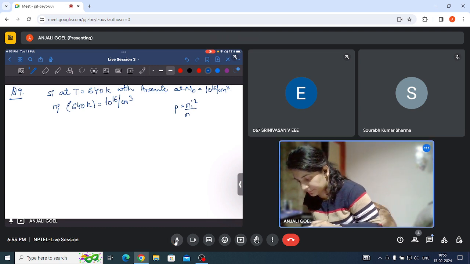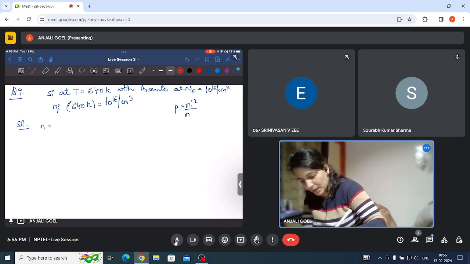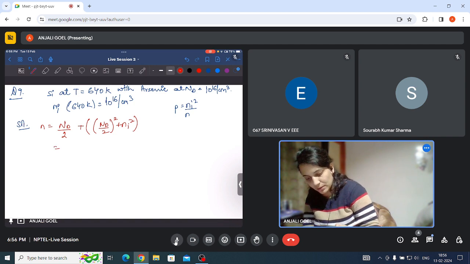Okay, so N is equals to Nd by 2 plus square root of Nd by 2 whole square plus Ni square. Nd is already given in the question as 10 raised to power 16.